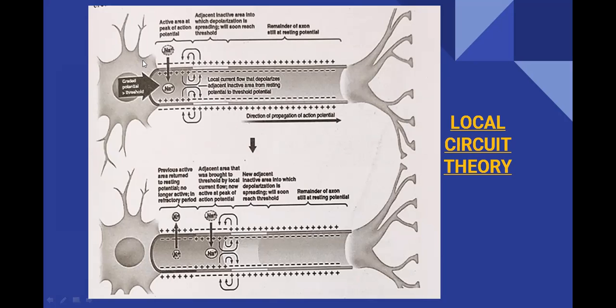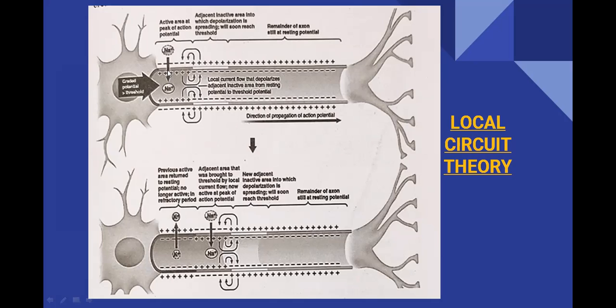The generated nerve impulse will finally reach the axon hillock region. Once it crosses the threshold limit, automatically the sodium gates present on this neurilemma will be opened. Sodium ions will enter.